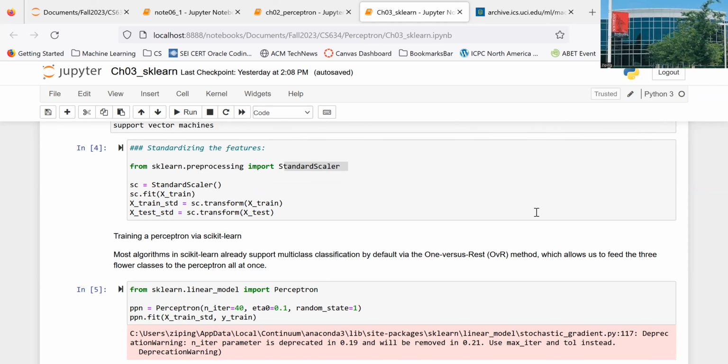Next, we need to do data pre-processing, data standardization and scaling. Okay, why do we need to do this?